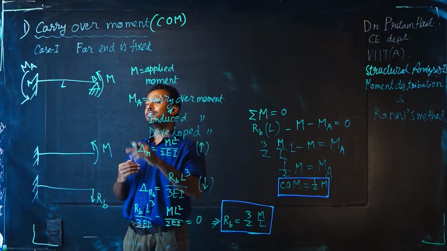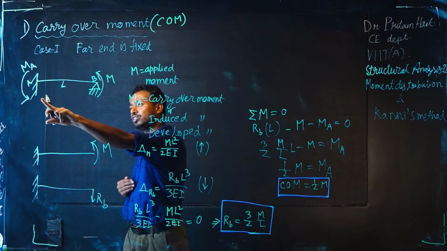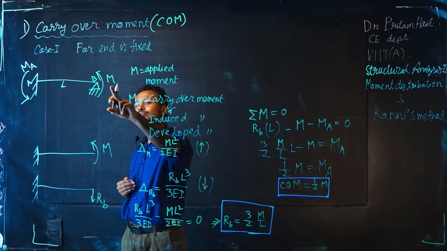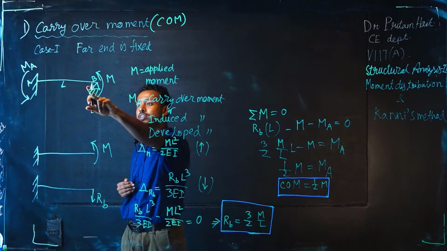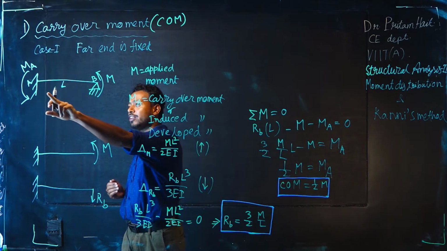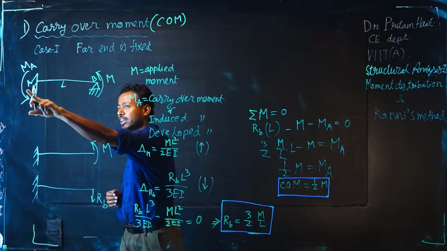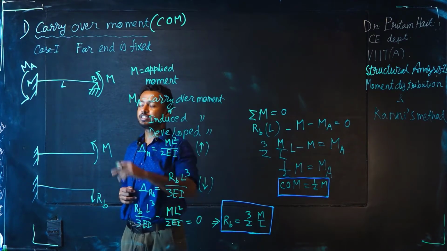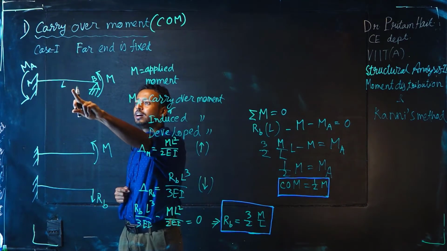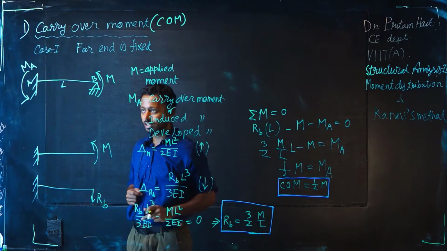So if the far end is fixed end, what will be the carryover of applied moment M? Here I have applied M moment at B joint. What will be the carryover at joint A? That is MA. Okay. So let's assume that is MA. The span of the beam is L, right?